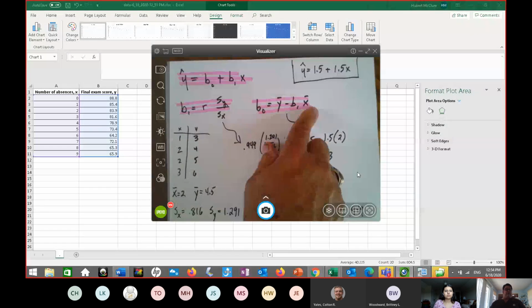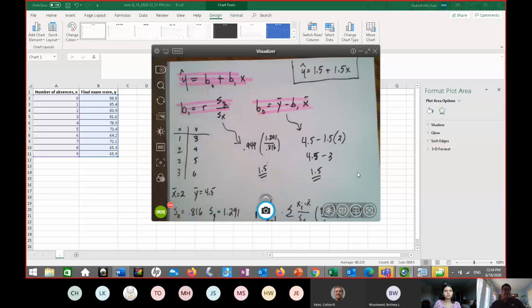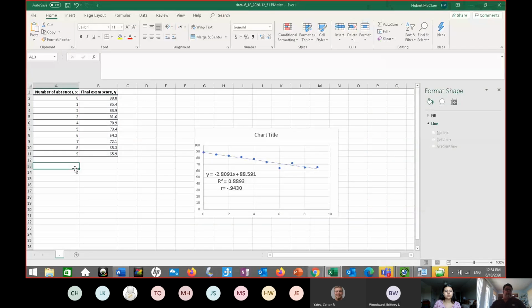So something that you might want to get in the habit of doing is finding the following. I'm going to put average right here, divided by how many? 1, 2, 3, 4, 5, 6, 7, 8, 9, 10.